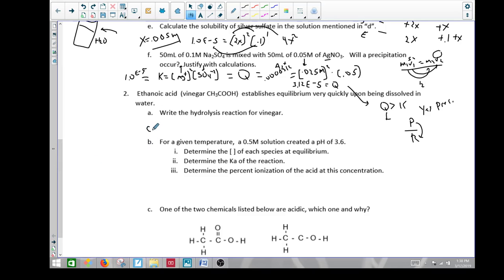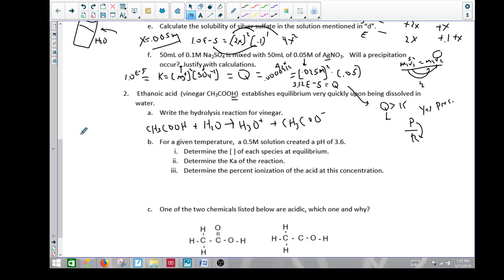Okay, so CH3COOH, and you want to be aware that this is the H that's donated, plus H2O yields H3O plus and CH3COO negative. I think that's right.